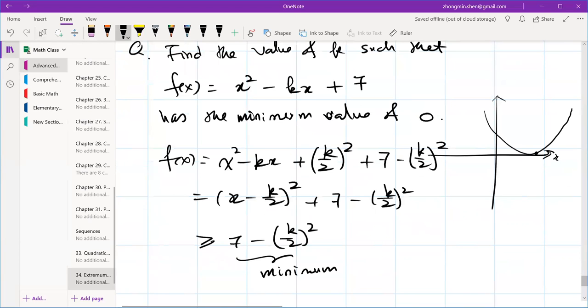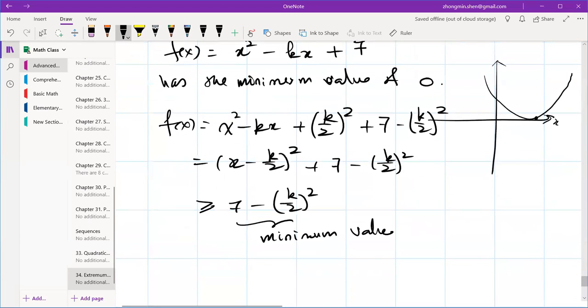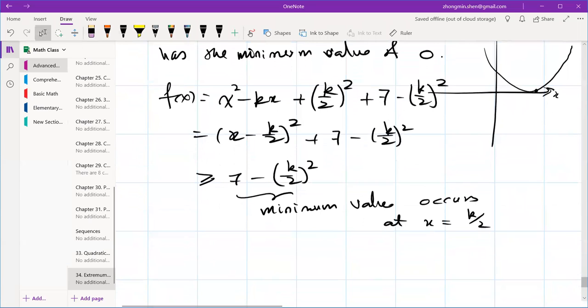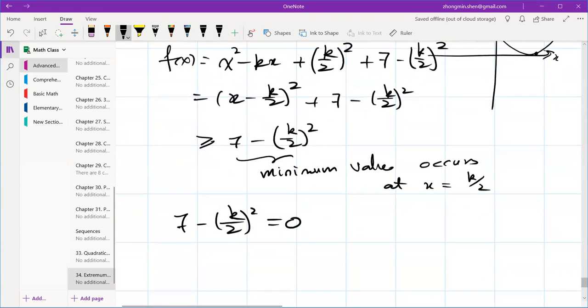It's a minimum value that occurs at x equals half of k. So even that point is also changing. But clearly, 7 minus half of k squared should be 0, right? So there are two solutions here. Half of k is going to be plus or minus square root of 7, and k is going to be plus or minus 2 square root of 7.